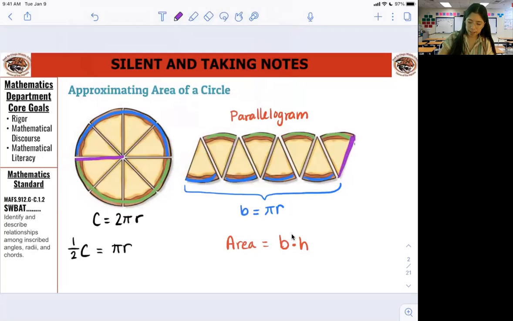Now, it's not exactly the height, because if you really think about it, the height is technically this distance right here. So we're approximating it. We're not going to be exactly getting the right answer, but the height is going to be pretty close in value to the radius, because I know that this purple section right here is the radius. So the height is approximately r.